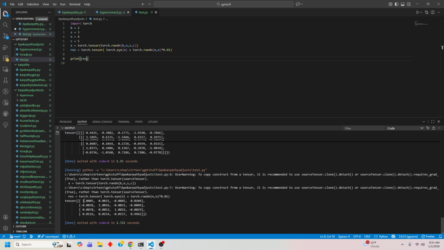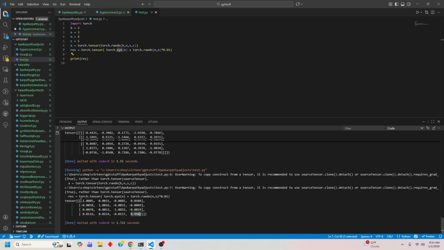So it creates this if you add them together. The torch.eye is zeros off the diagonal. So this is the diagonal. Off the diagonal, torch.eye makes 0.